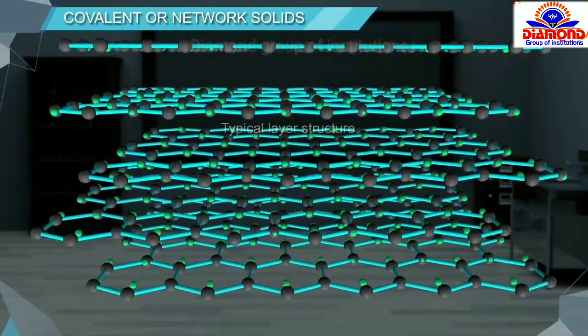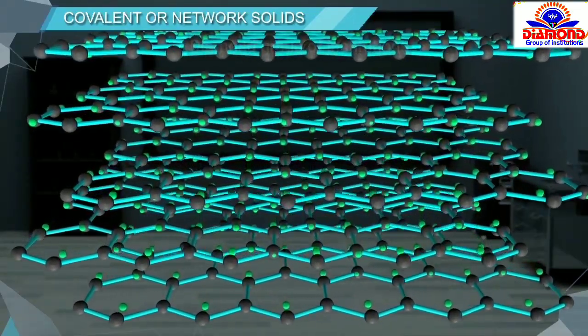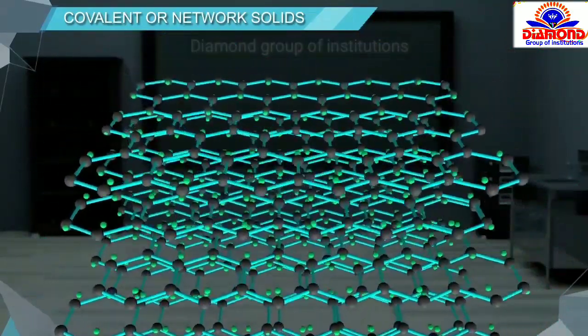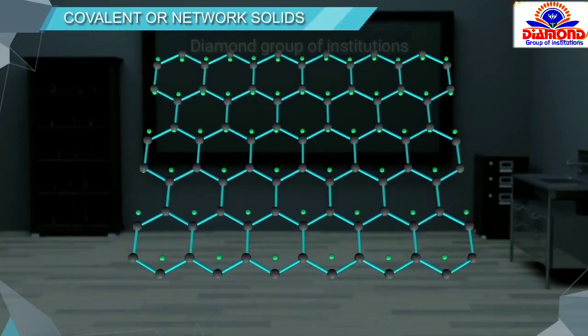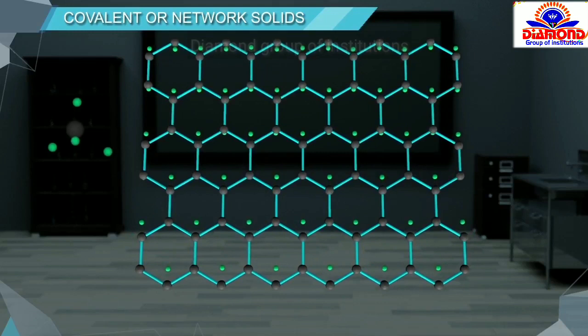In graphite, carbon atoms are arranged in different layers. We know that carbon is tetravalent in nature and has 4 valence electrons. In each layer, one carbon atom is bonded to 3 other neighboring atoms within the same layer.